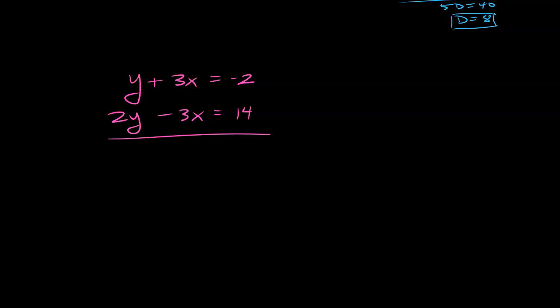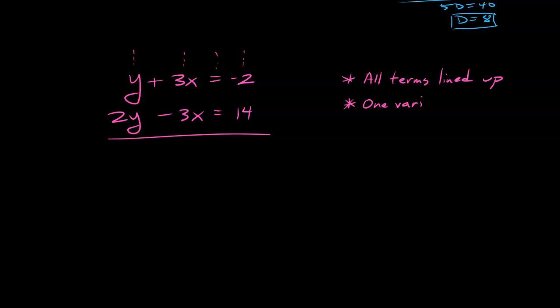Now elimination, you need two things to happen. You need all terms lined up, and on this one that works because the y's are lined up, the x's are lined up, the equal signs are lined up, and the regular numbers are lined up. And then the second thing that has to happen to use elimination is you need one variable.